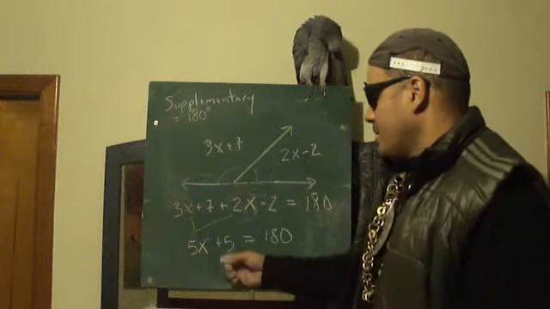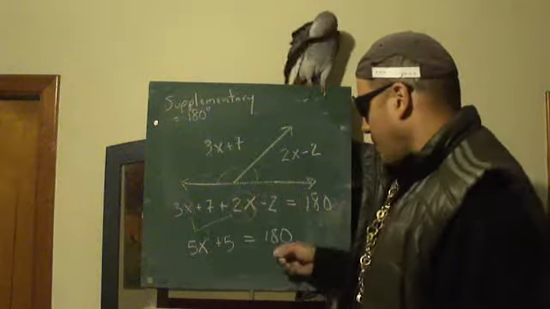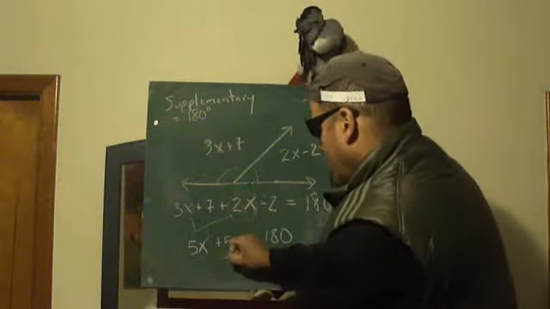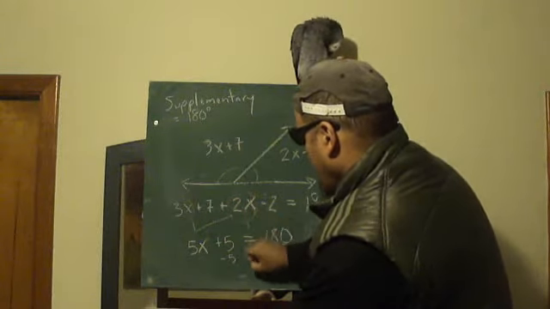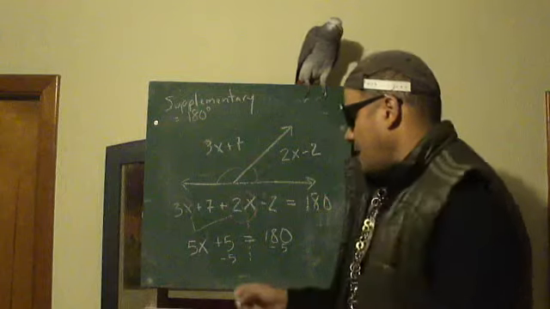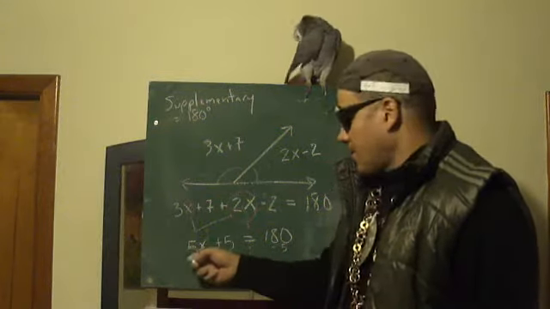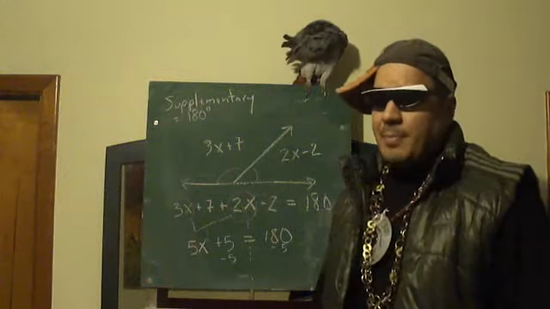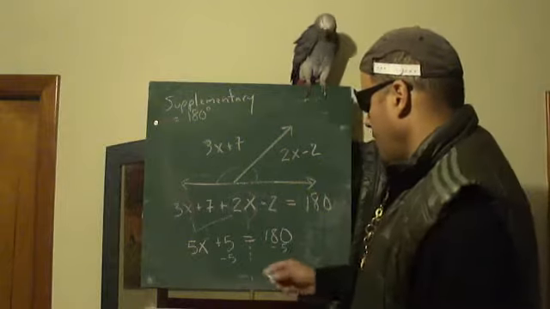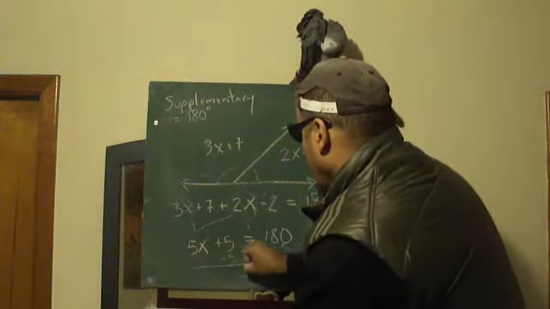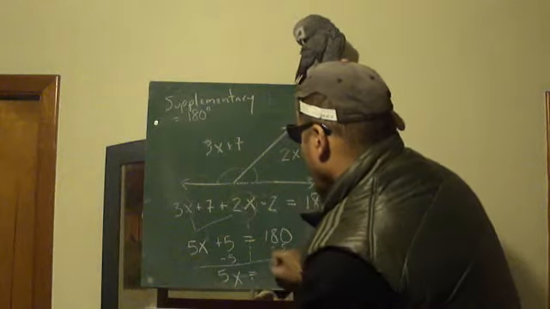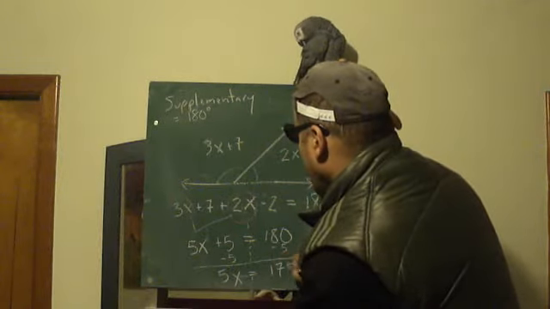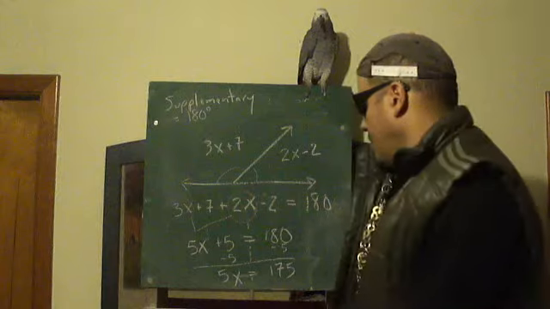Subtract 5 from this side, subtract 5 from that side. Let's do it. Don't forget your dotted line. Otherwise, you might accidentally subtract 5 from here and subtract 5 from there. I've seen it happen. So be careful. So we're left with 5x equals 175. Nice.